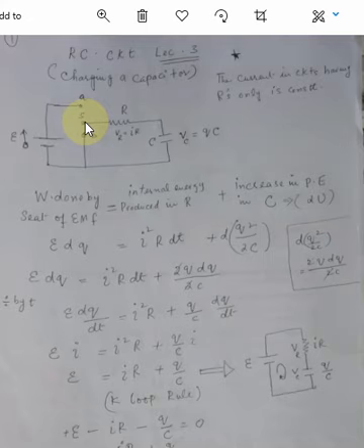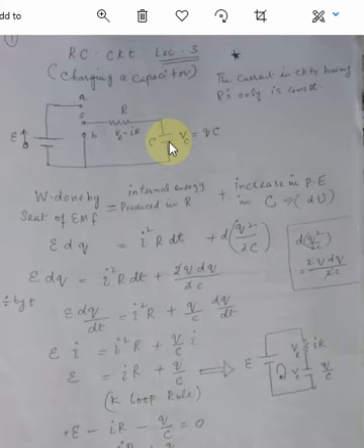By connecting the switch S to the point A, what happens? This source of EMF E is connected across this series combination, and therefore the current starts flowing in the circuit, and thus this capacitor C will start charging.